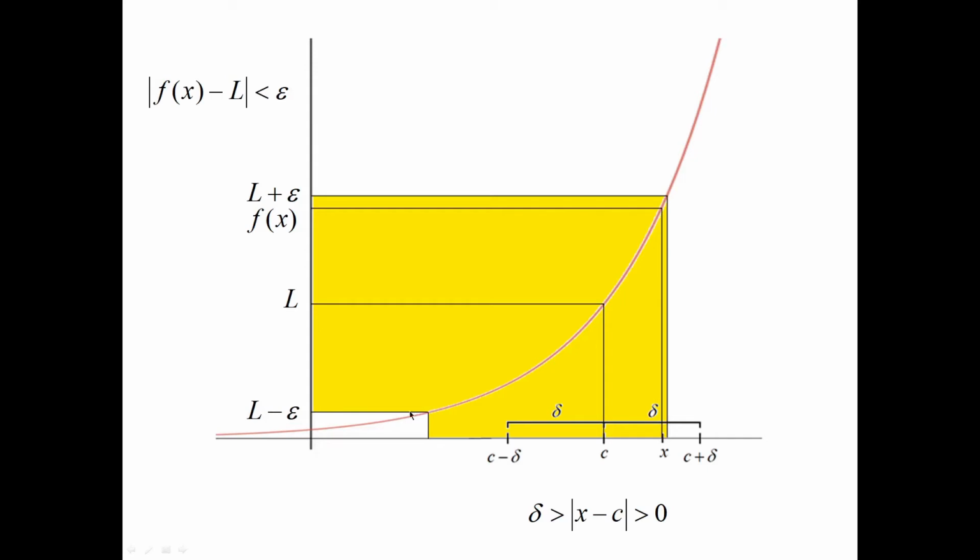Only a linear function will translate this centered interval to another centered interval. And so our job here then is to choose a delta that will squeeze this interval into the yellow region.